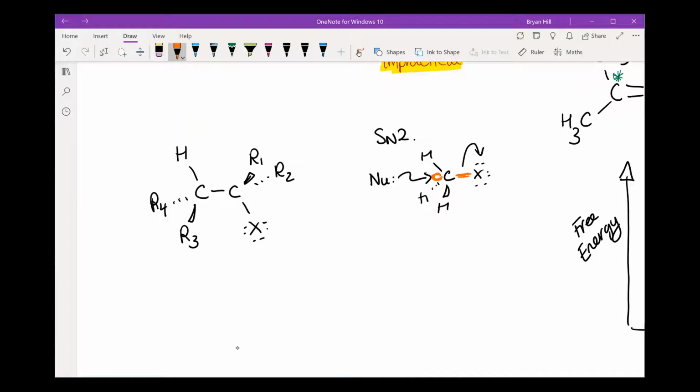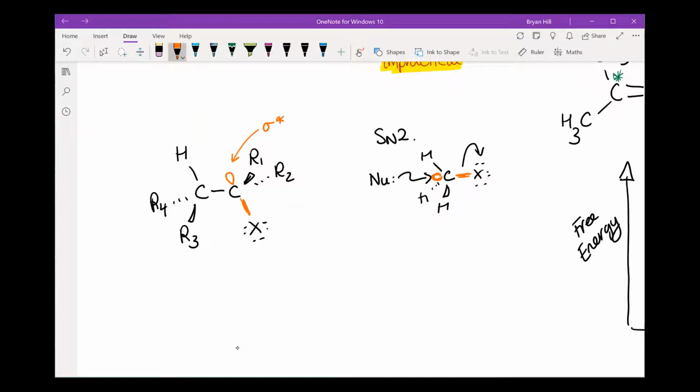So something similar takes place here. So the sigma star of this carbon-X bond is here. And if you want to break this bond, you need to put electron density into that orbital.